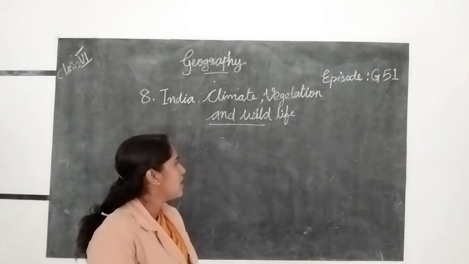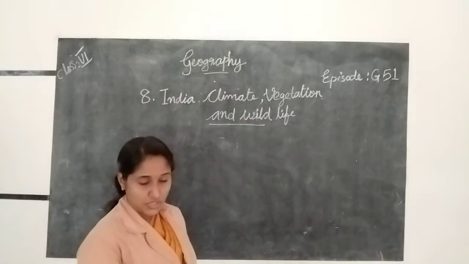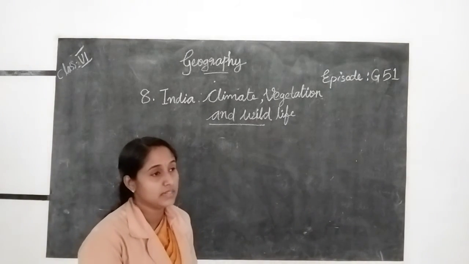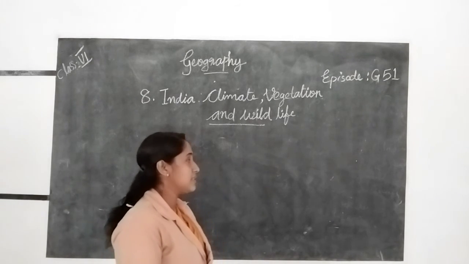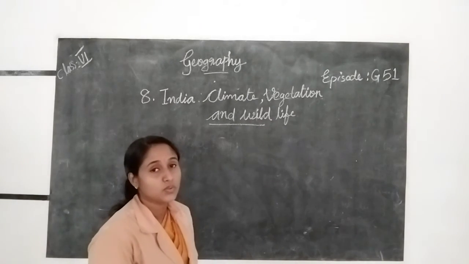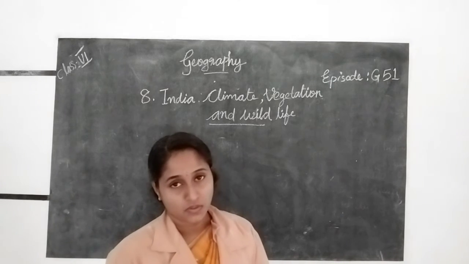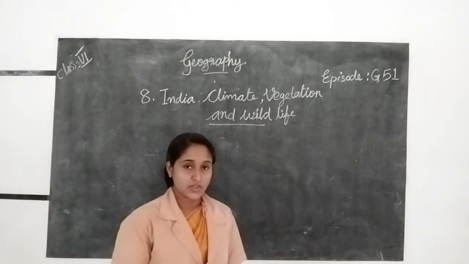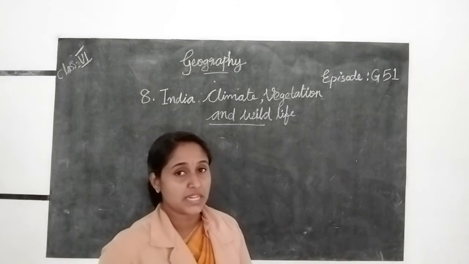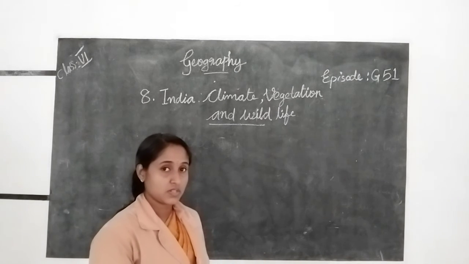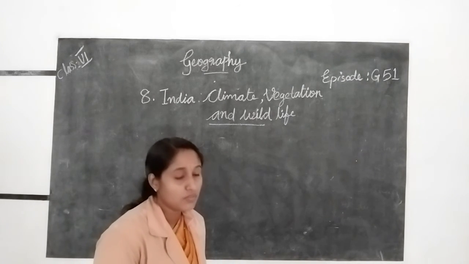Third one, that is the thorn bushes. They are also found in dry areas, that is, desert or dry areas. The fourth one, that is mountain vegetation. And the fifth vegetation of India, that is mangrove forest. What is that? Mangrove forest.